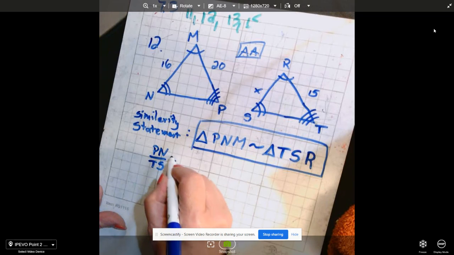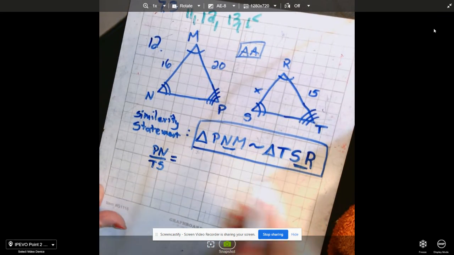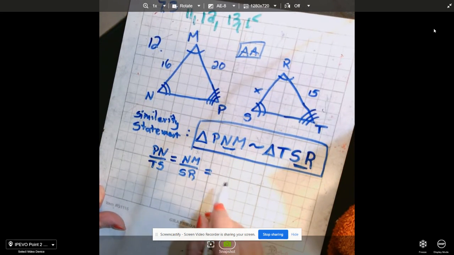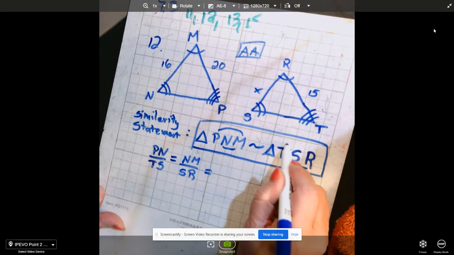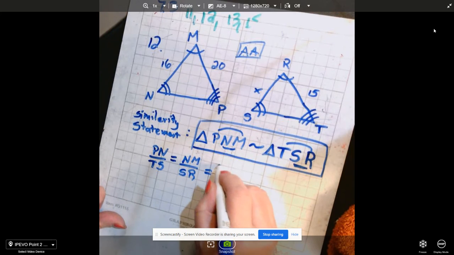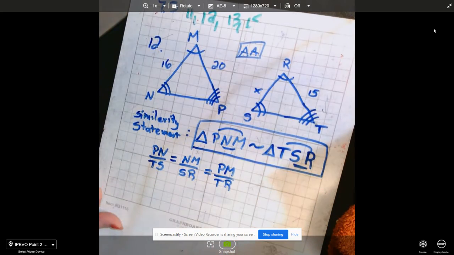Well, that ratio will have to be the same as the second 2 letters, NM all over SR. And that will have to be equal to the first and the last letter of each of these similarity statements, so PM all over TR. So whatever these ratios are, because these two triangles are similar, these ratios will all have to be the same.